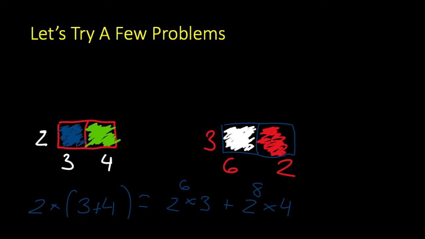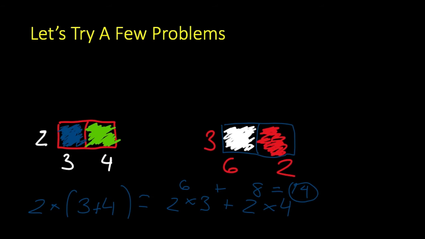Now we're going to add 6 plus 8, which equals 14. So this answer would equal 14. So this is how you can answer, and this is how you do the distributive property.